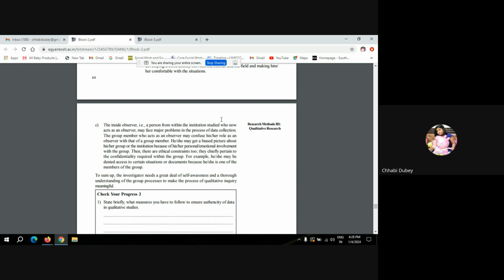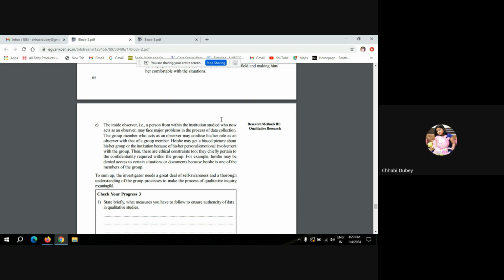And generally, there's also the inside observer, that is a person from within the institution studied, who now acts as an observer, and he or she may face certain major problems in the process of data collection. He or she may get confused about his or her role as an observer with that particular group.